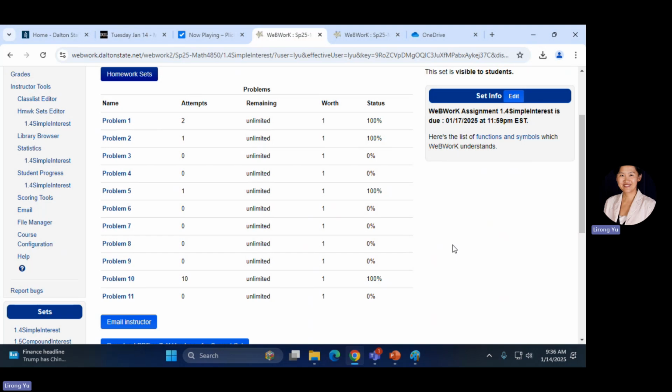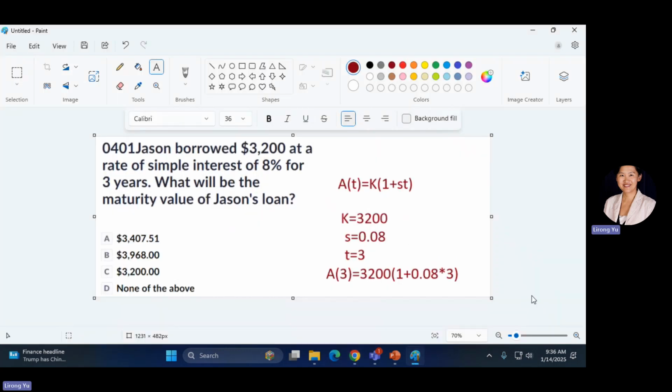If you run into any problem as you go through the homework, please let me know. The first assignment is the simple interest model. It follows the formula that we were using for this question, and it's an attendance question today, so we shouldn't have a lot of issues with it.